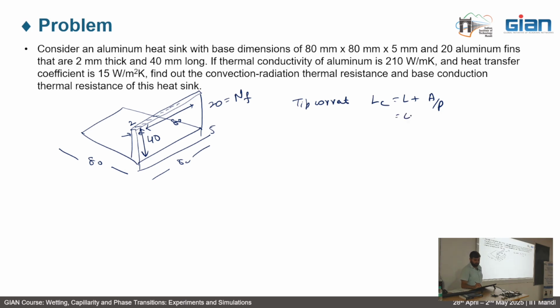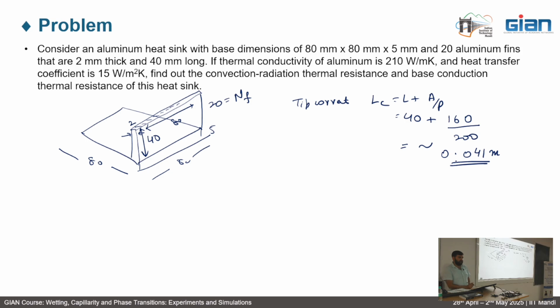So L is already 40, plus the area, which would be equal to 80 by 2, so it would be 160, divided by the perimeter, that would be equal to 80 plus 80, 160, plus 20 plus 20, 40, is 200. So it comes out to be close to 0.041 meter. Okay?